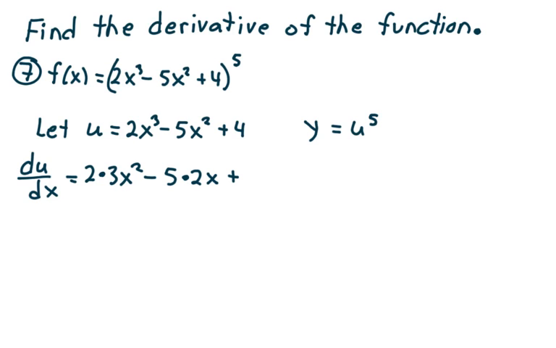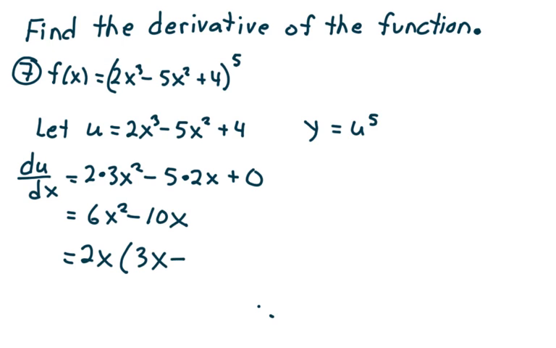And the derivative of 4 is 0. So this is 6x squared minus 10x. And if you don't mind, I'm going to factor out 2x and write this as 2x times 3x minus 5.